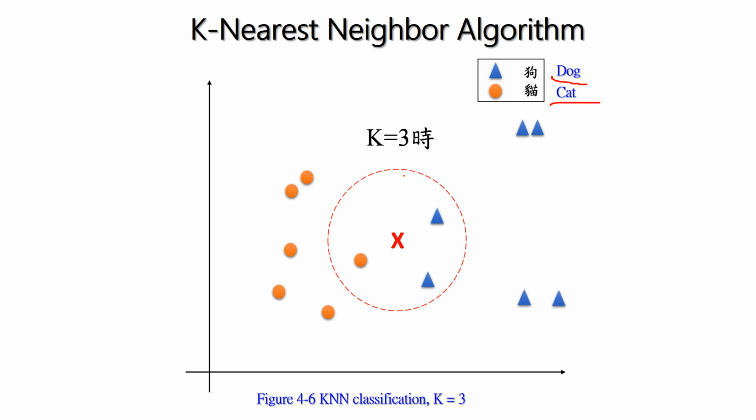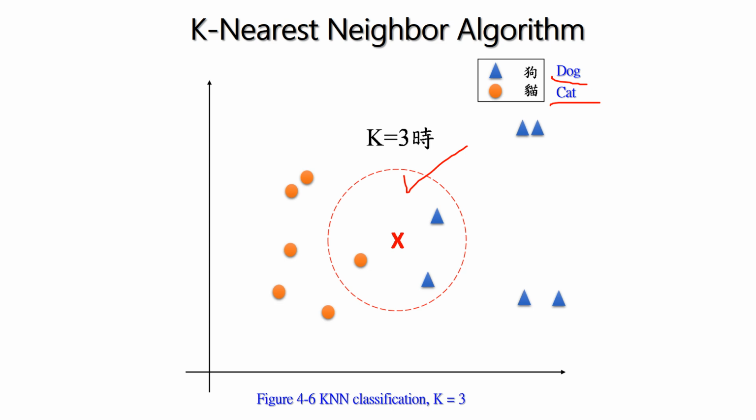So as your judgment, the triangle is the dog and the circle is the cat. So what's the answer here? This kind of judgment is based on probability.